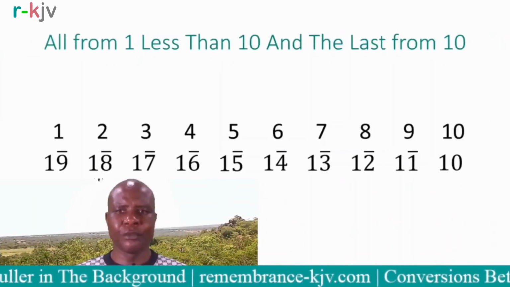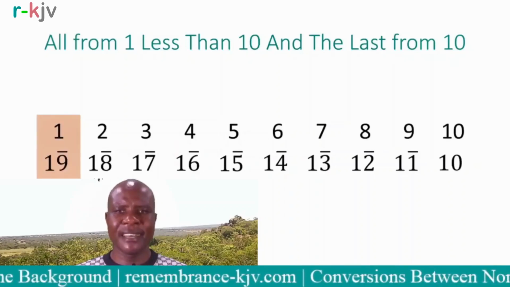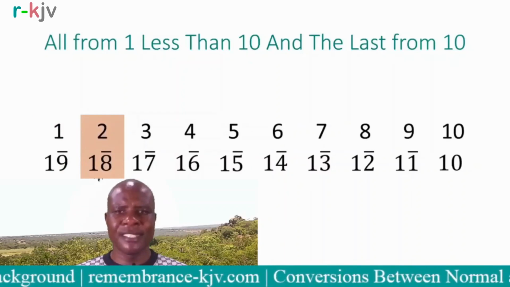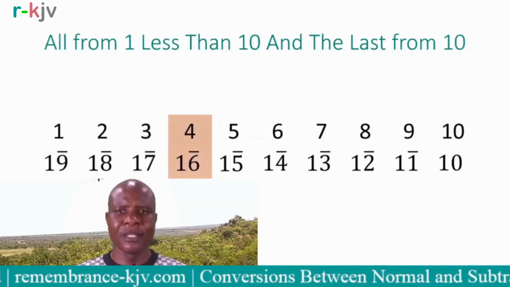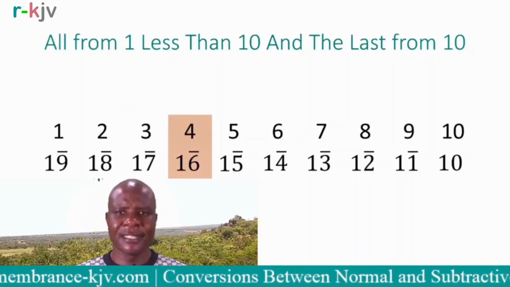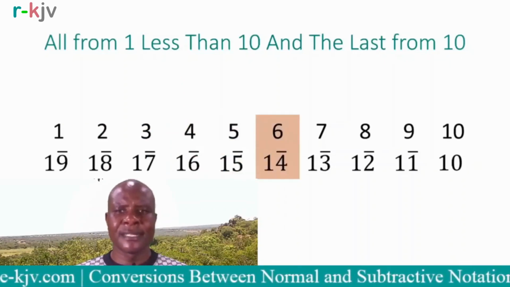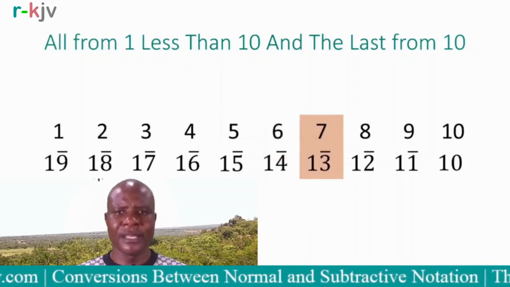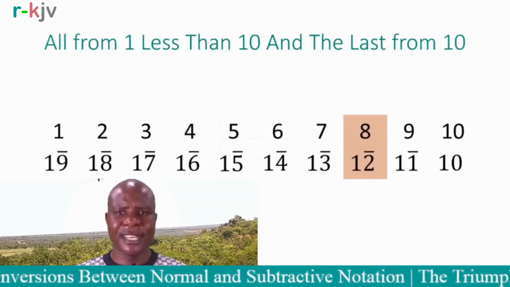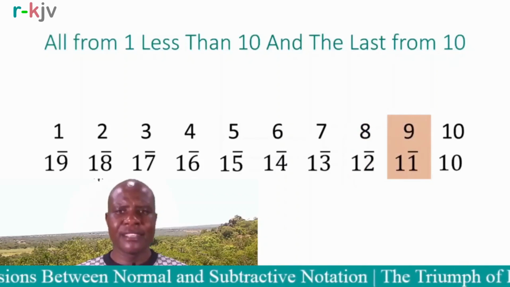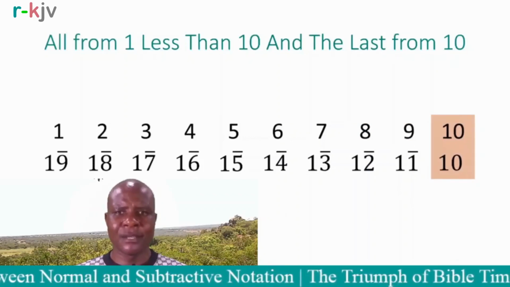So the digits have to be understood as shown this way. 1 is base 10 less 9. 2 is base 10 less 8. 3 is base 10 less 7. 4 is base 10 less 6. 5 is base 10 less 5. 6 is base 10 less 4. 7 is base 10 less 3. 8 is base 10 less 2. 9 is base 10 less 1. 10 is the base 10.